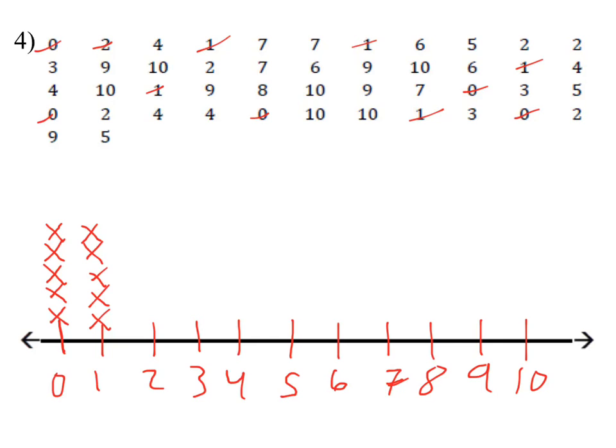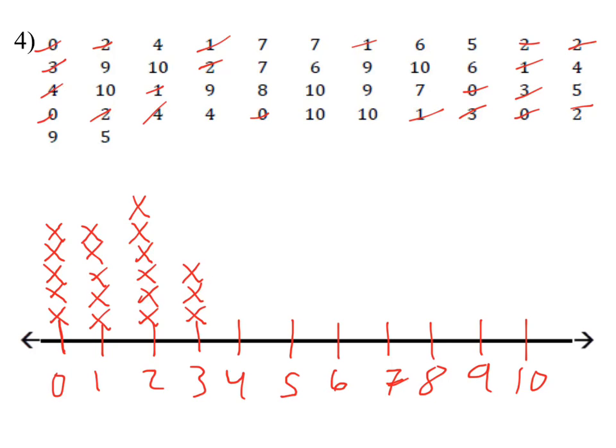And there are 5 twos. Oh, there's another 2 over here, so there's 6 twos. And there's 3 threes.